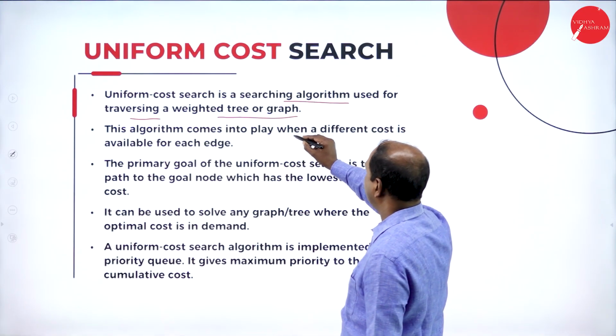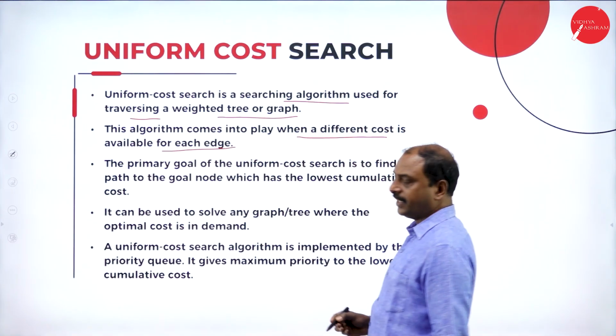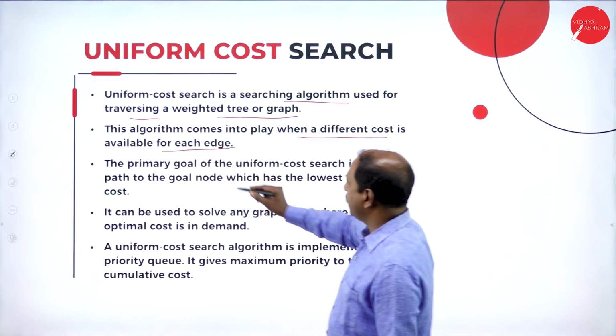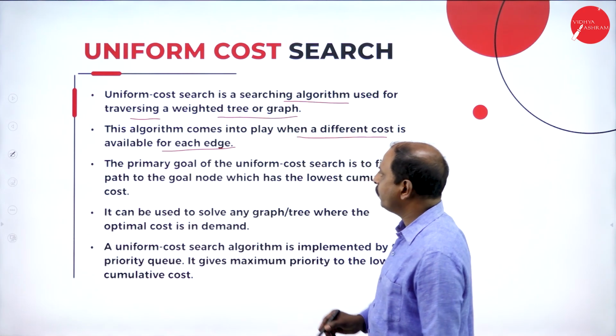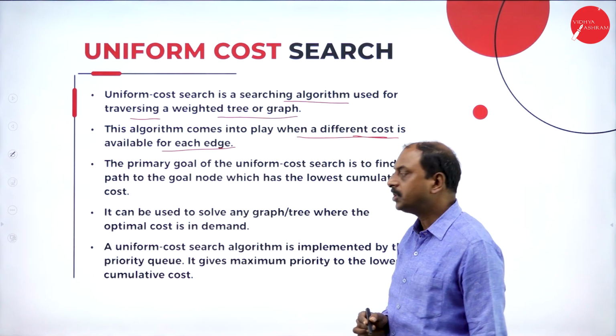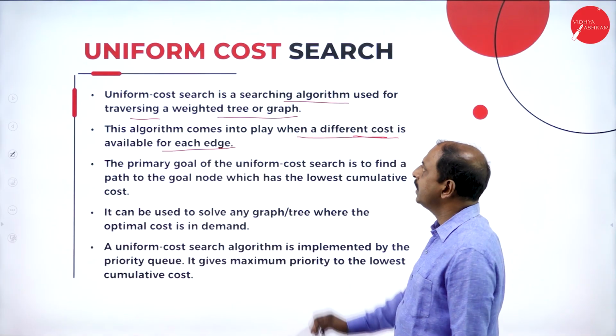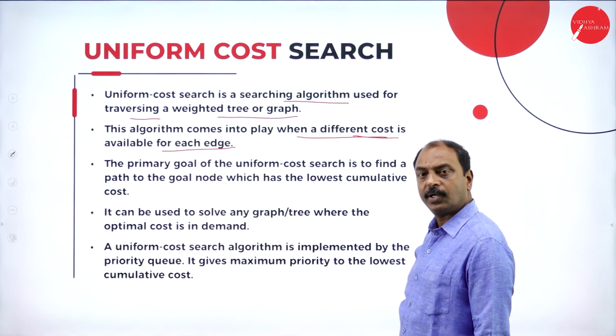So it comes into play when a different cost is available for each edge. As all of you know, each edge of a tree or a graph will have a cost value. If the values are different, then we are able to apply this uniform cost search algorithm.